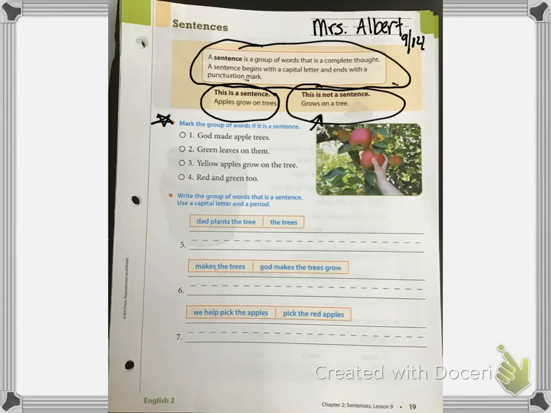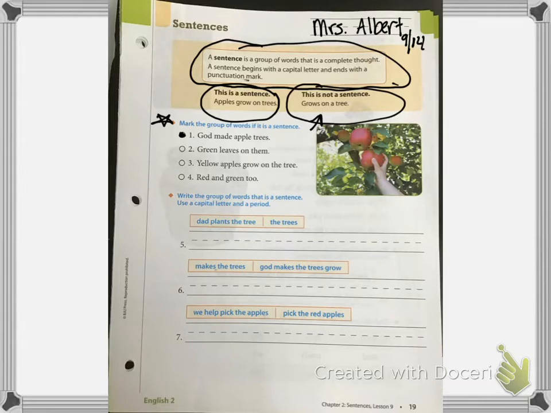The first sentence says God made apple trees. And would that be a complete thought, a complete sentence? Yes, it would be. So we're going to shade in the circle beside number 1. And then we're going to move on to number 2, and it says green leaves on them. That is not telling us who or what has green leaves on them. So we don't know what that is.